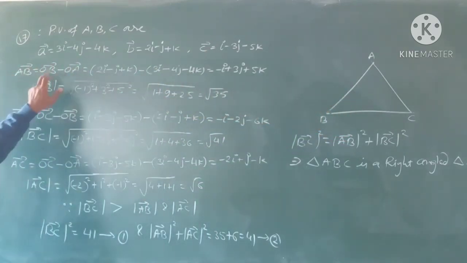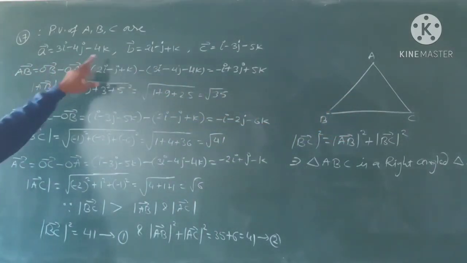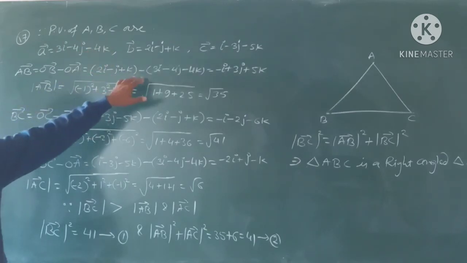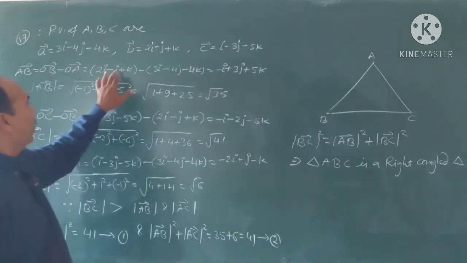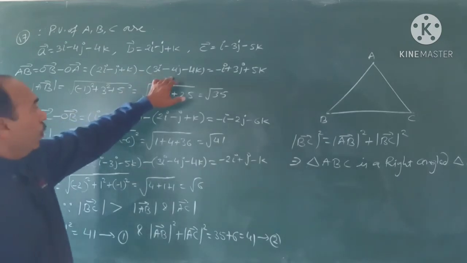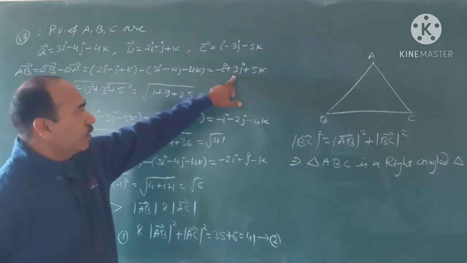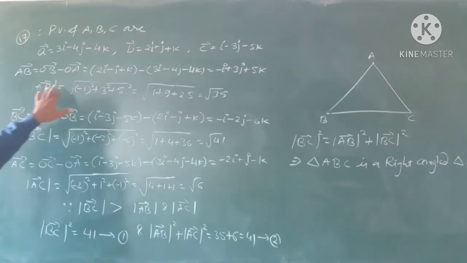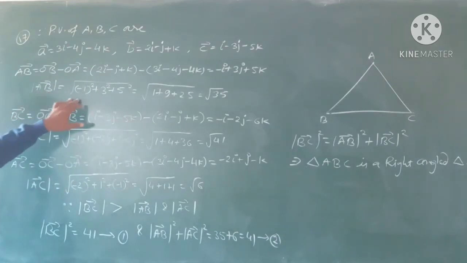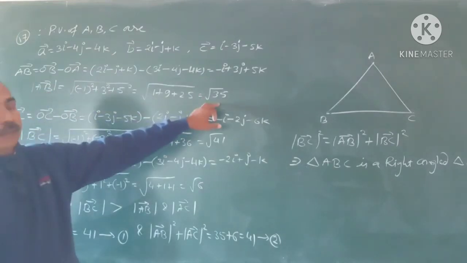Vector AB is OB minus OA, it means B minus A, so find the difference, which is minus i plus 3j plus 5k, and find its mod value which is under root 35 here.